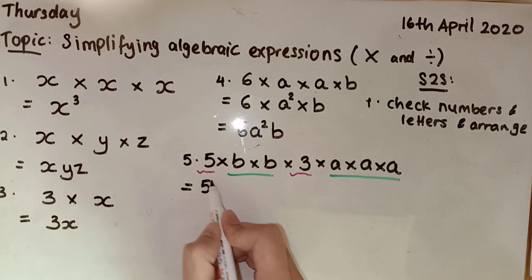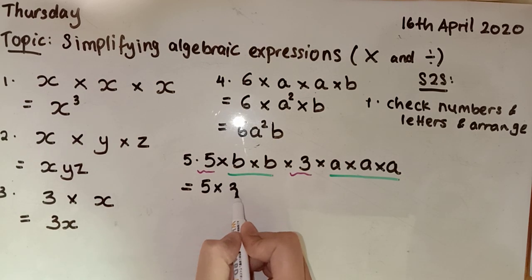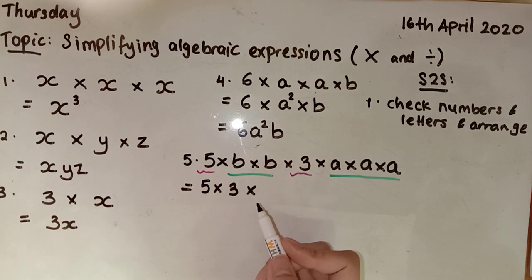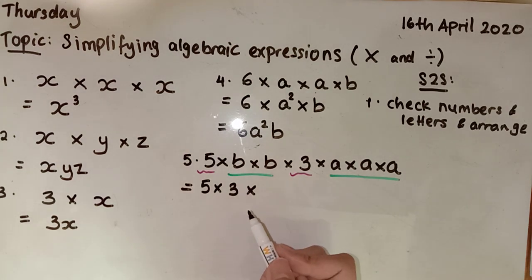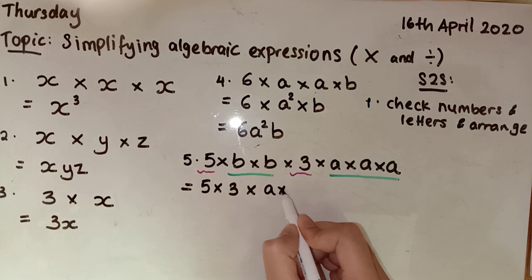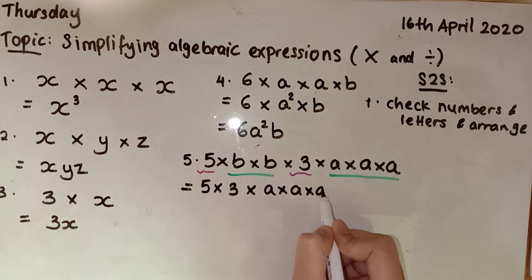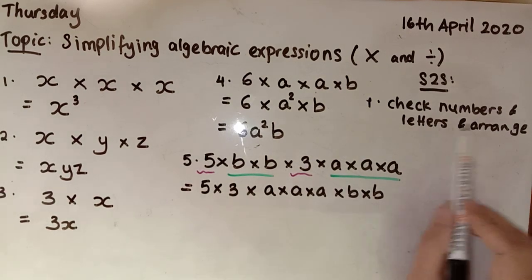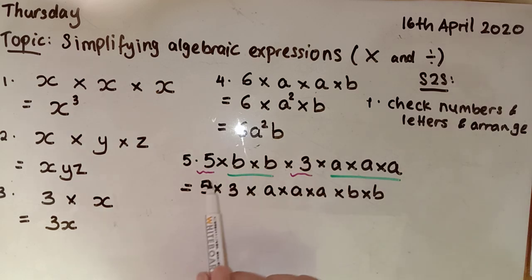So 5 times 3 times. What did we do first earlier? A or B? Remember the rules? In alphabetical order. So we do A first. A times A times A times B times B. So that's step 1. We have checked numbers and letters. Earlier we highlighted them so we do not get confused.